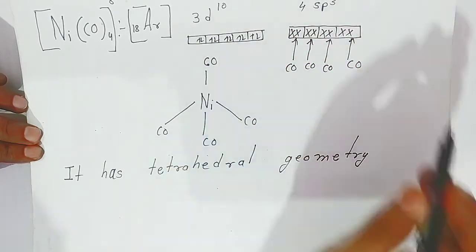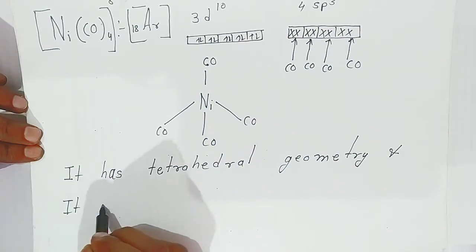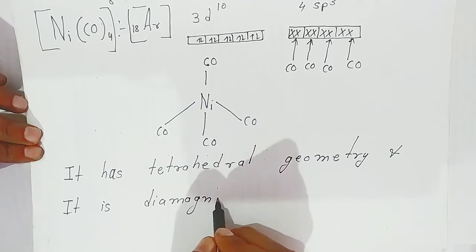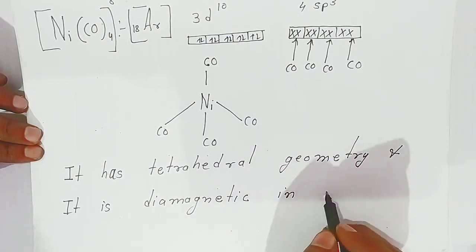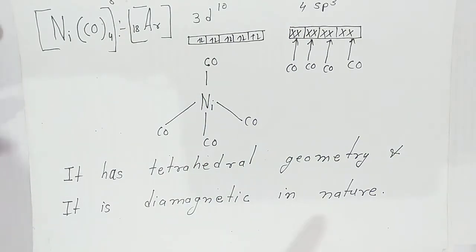And because there are no unpaired electrons after hybridization, it is diamagnetic in nature. So this is about the complex of nickel tetracarbonyl, students.